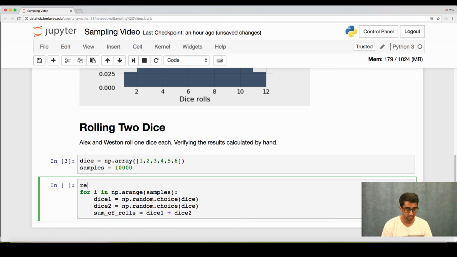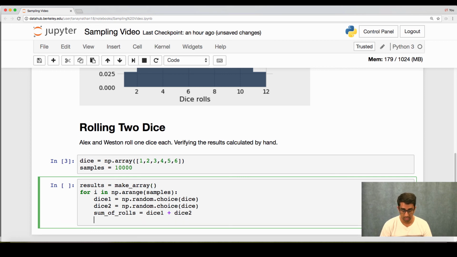We want to store all our results into an array, so we can make an empty array and append all the results from this for loop onto it.